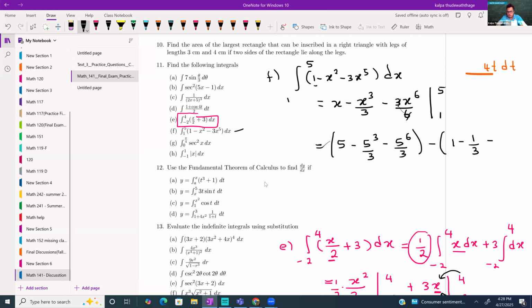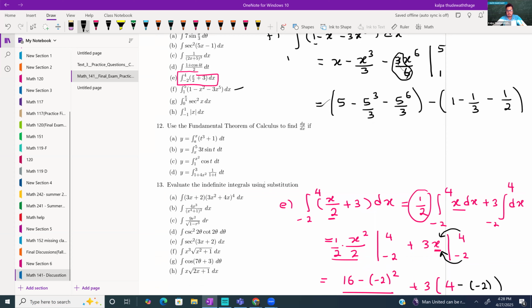And now you have to keep doing the simplification. Since I'm really looking at integrations, it's not huge algebra you have to do, especially in a test question. I would not ask you something like plug in 5 and find 5 to the power 6.